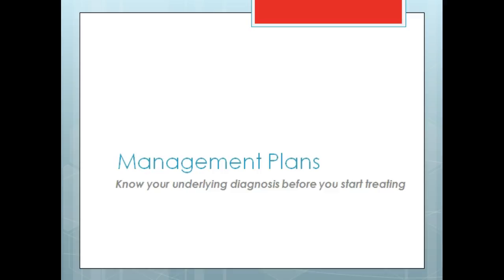Okay, so management plans. For all of us, it's really important that you understand what our underlying diagnosis is before we start treating. So for example, if you've got somebody who's 47 who's having some breakthrough bleeding, if we started her on combined oral contraceptive pills, that would probably regulate her bleeding, but it could mask the fact that she might have endometrial cancer.